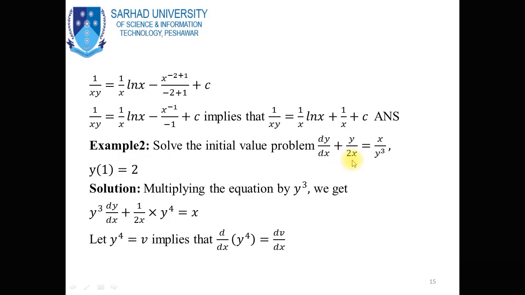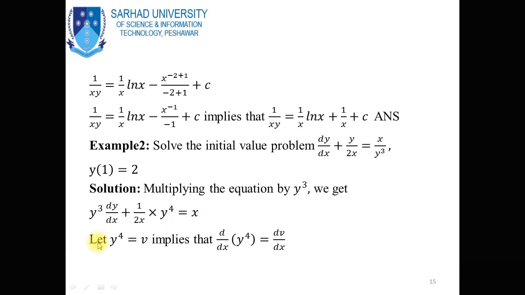So first of all, to find the solution of this differential equation, multiplying the given equation by y power 3, we obtain y power 3 dy by dx plus 1 over 2x multiplied by y power 4 is equal to x.